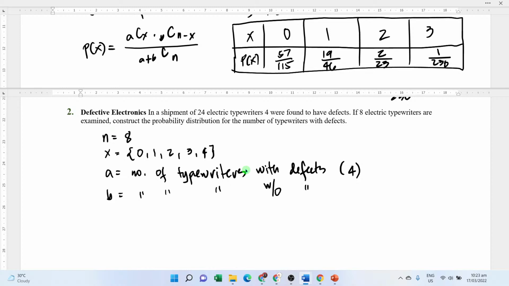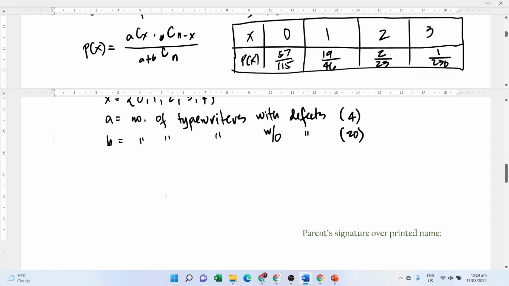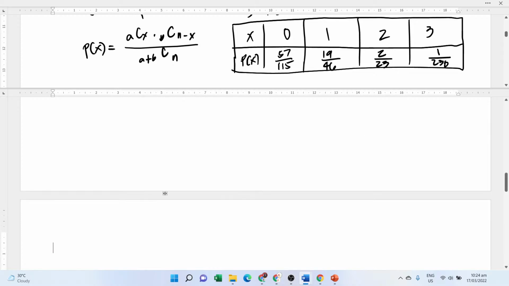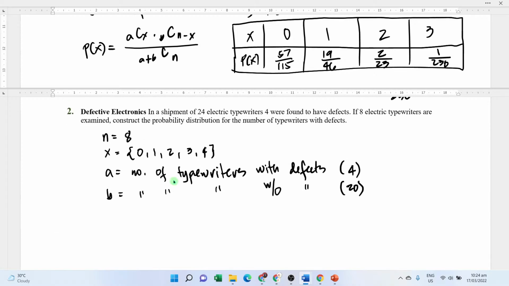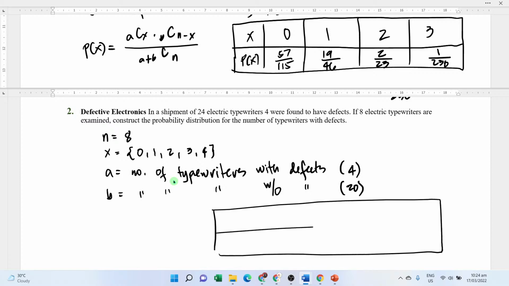Since we have a shipment of 24 electric typewriters, then this is 20. Okay, so let us draw the probability distribution table, the possible values for x and their corresponding probabilities. That will be x and then p of x: 0, 1, 2, 3, and 4.